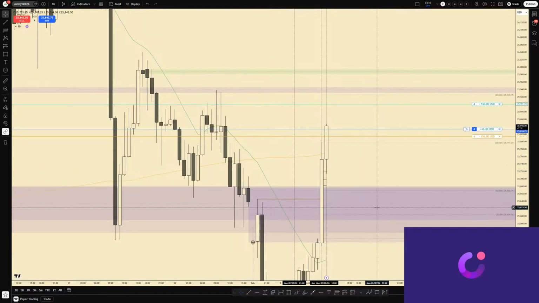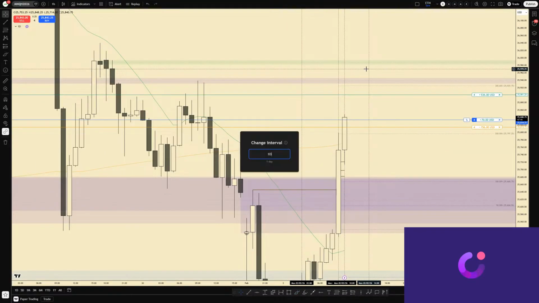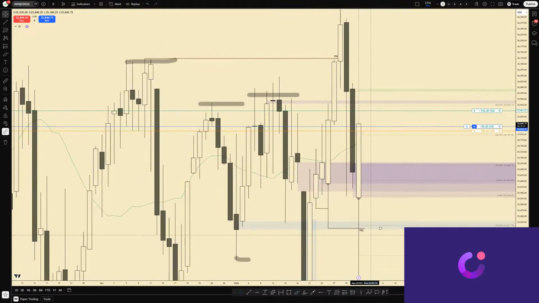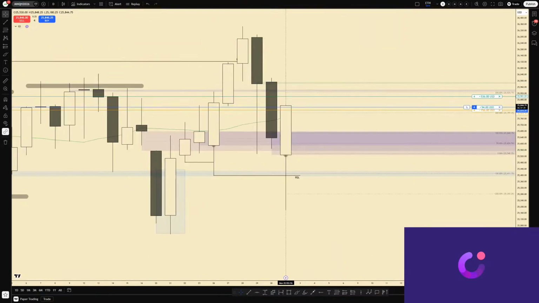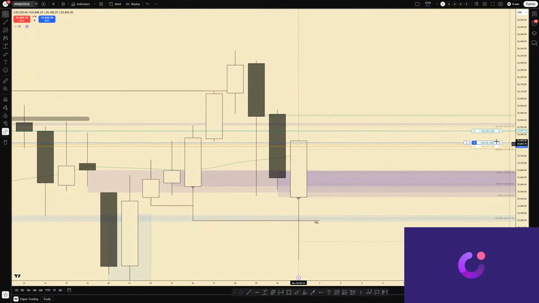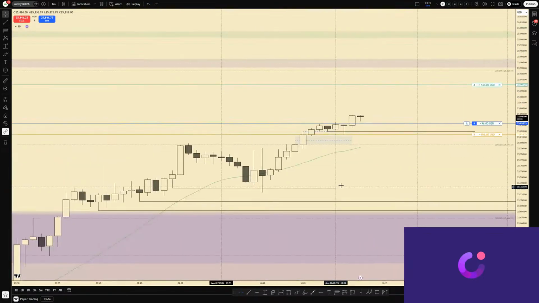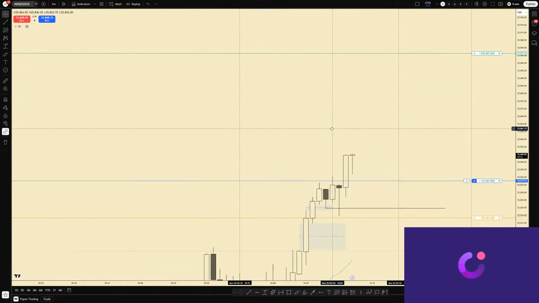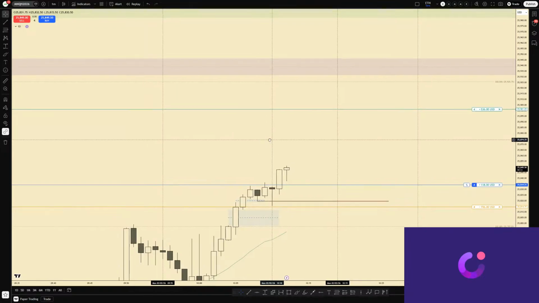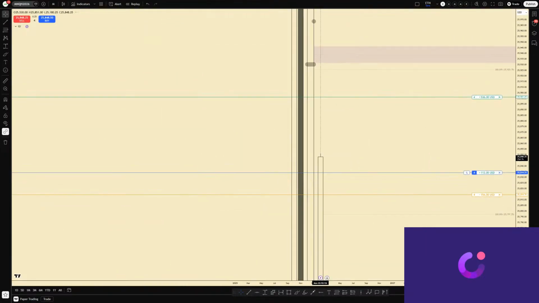I kind of feel like the eventual targets are here for today, but price already expanded quite a bit for today, and we saw a lot of back and forth price action in the past. Today is Monday and also the first day of the monthly candle.